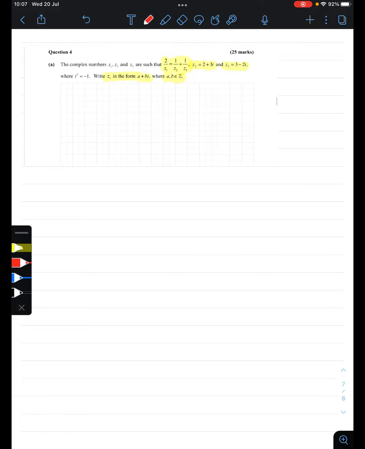It's giving us a relationship 2 over z1 equals 1 over z2 plus 1 over z3, where z2 equals 2 plus 3i and z3 equals 3 minus 2i.